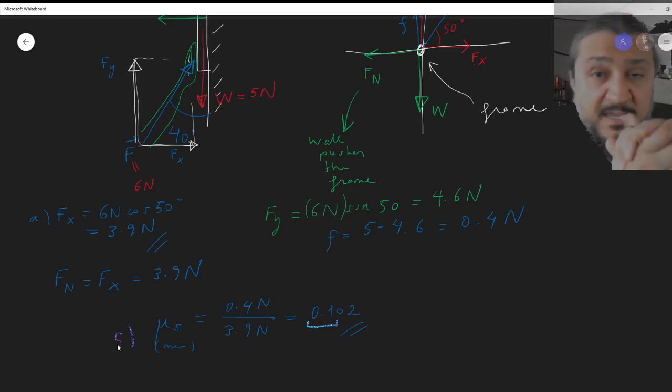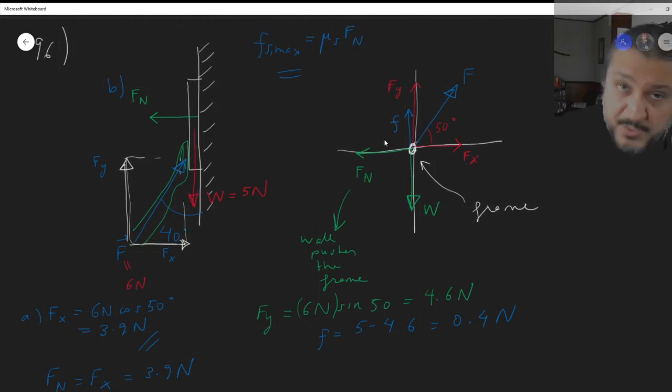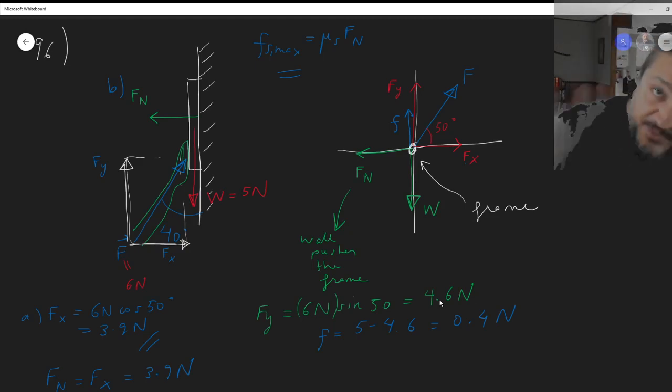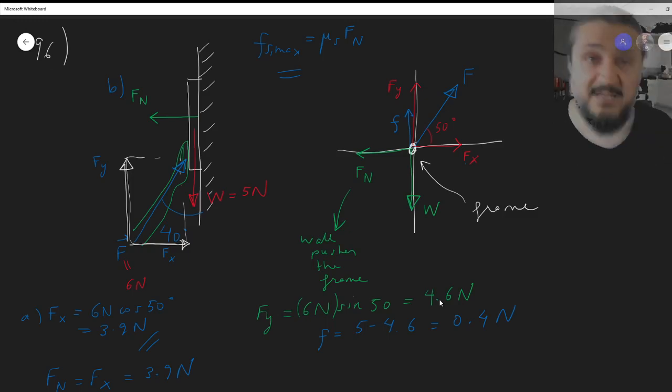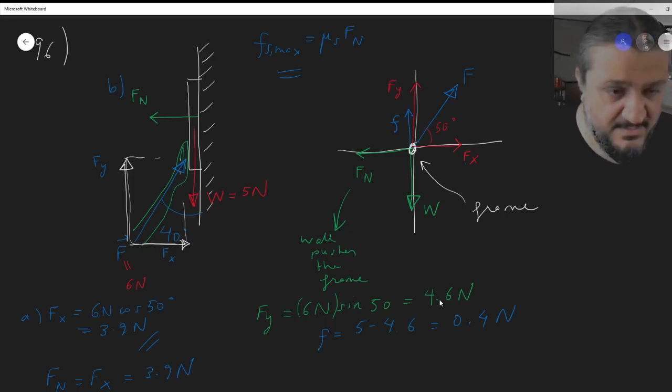So, in this case, friction force was upward, and the only reason it was upward was because I looked at Fy and found it to be 4.6 newtons. That was less than 5 newtons, which was the weight of the frame, and I concluded that F has to be upward.